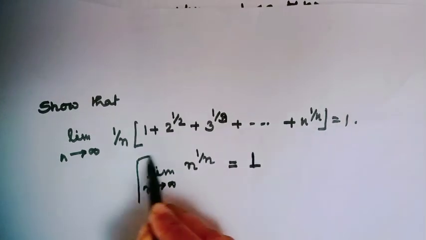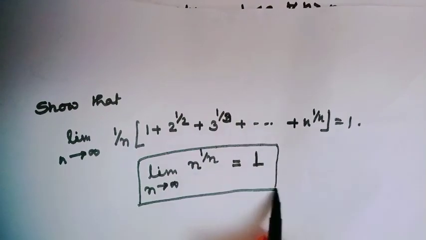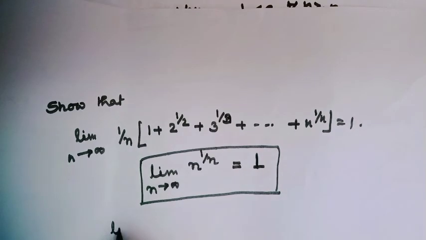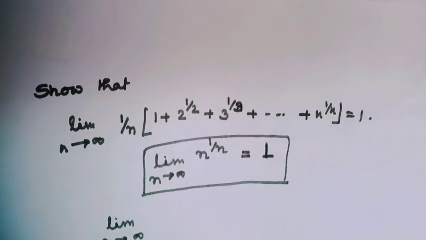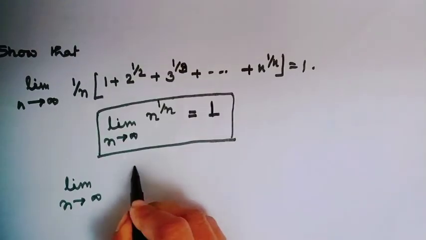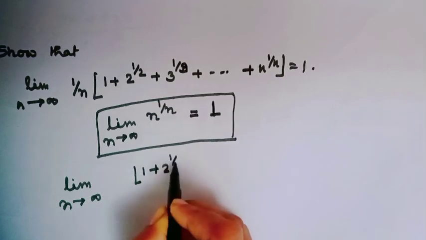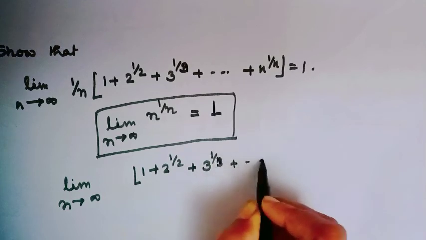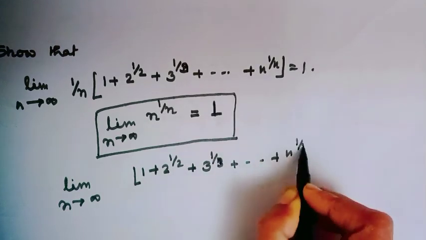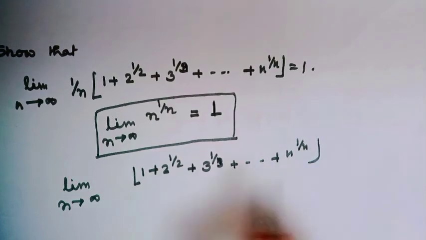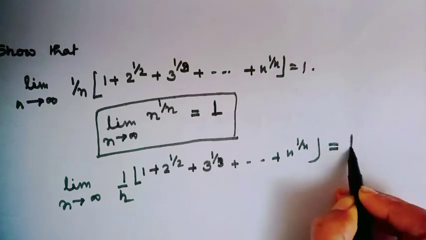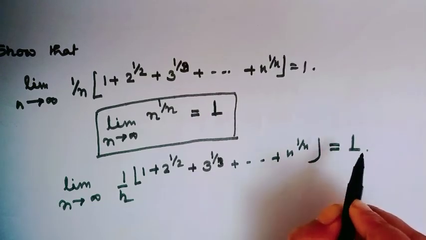Since this is equal to 1, that means the limit as n tends to infinity of (1 plus 2 to the power half plus 3 to the power 1/3 up to plus n to the power 1 over n) over n equals 1 by Cauchy's first theorem.